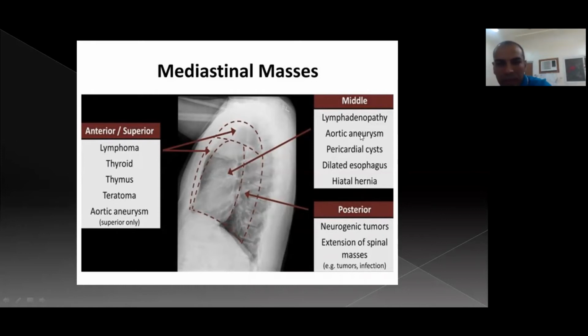For the middle mediastinum, we have lymphadenopathy, aortic aneurysm, pericardial cyst, dilated esophagus, and hiatus hernia. For the posterior mediastinum, one of the most important masses is neurogenic masses, or extension from spinal pathology, like paraspinal abscess from spondylodiscitis or something like this.